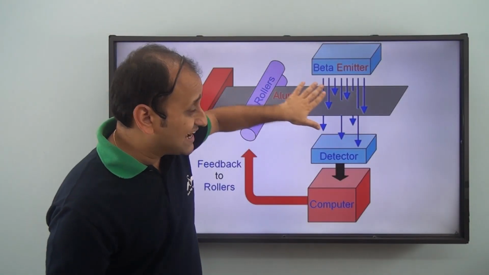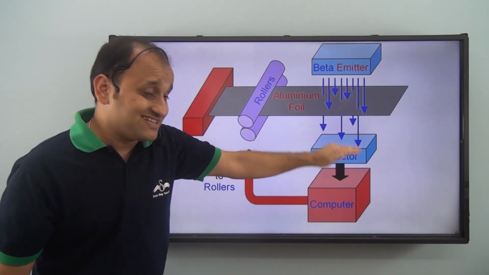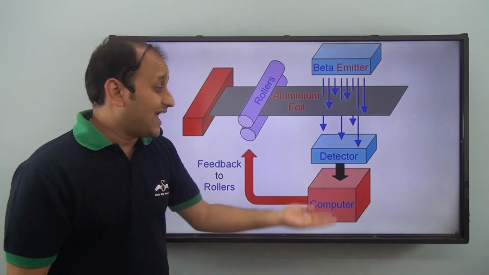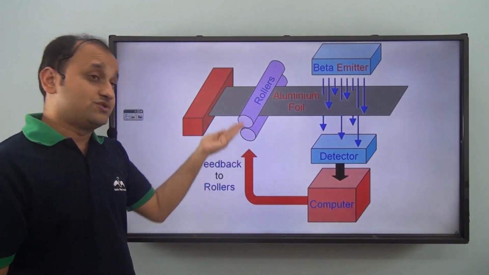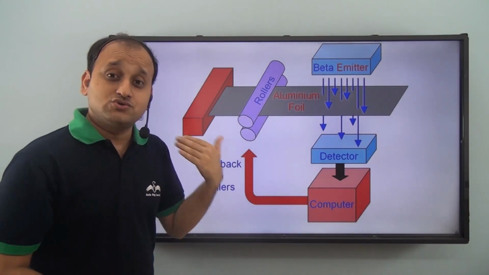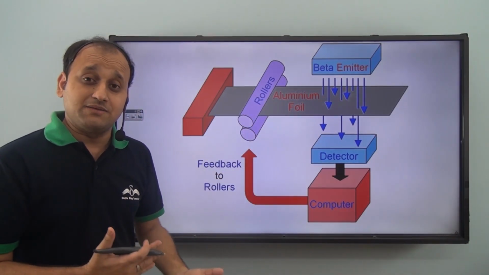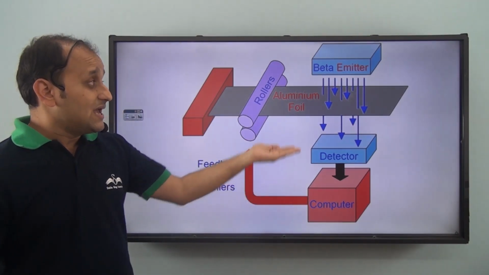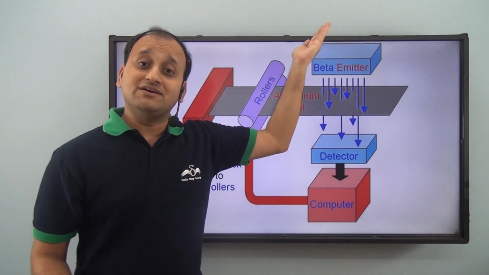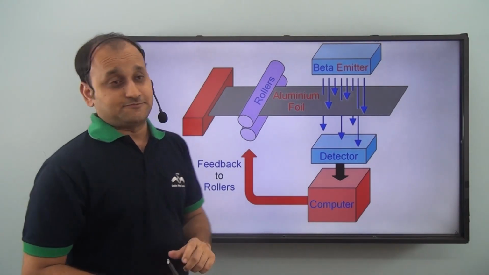According to the thickness of the aluminum foil, the amount of beta particles reaching the detector will change, and this feedback is sent to the roller, and then the roller adjusts so that a sheet of desired thickness can be produced. So again you see, the penetration power of beta emitter is used to produce sheets of different thickness.